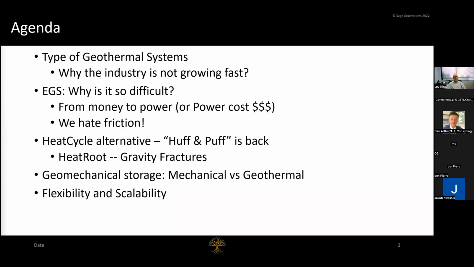So first, we're going to review what types of geothermal systems there are and why the industry is not growing fast.